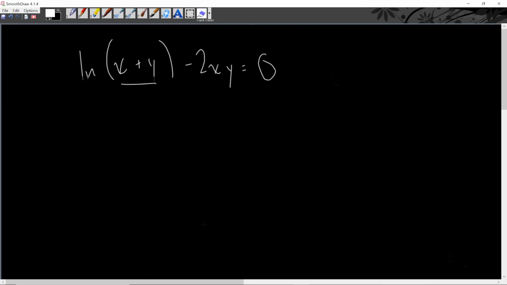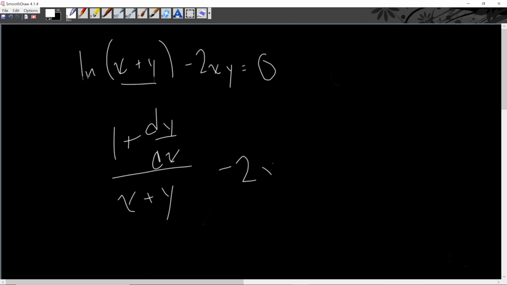We have 1 plus dy/dx in our numerator all over x plus y, minus 2, I'm just going to distribute that minus 2 to both of these, minus 2y minus 2x dy/dx. And now we need to isolate this dy/dx, which isn't going to be easy.